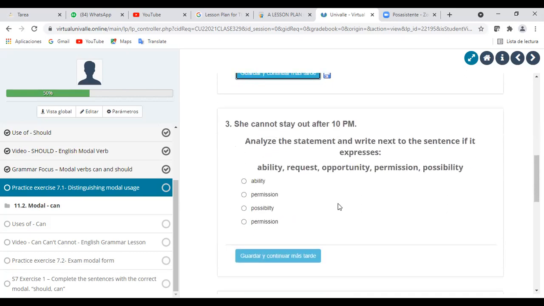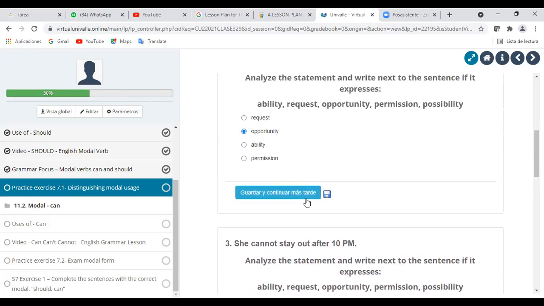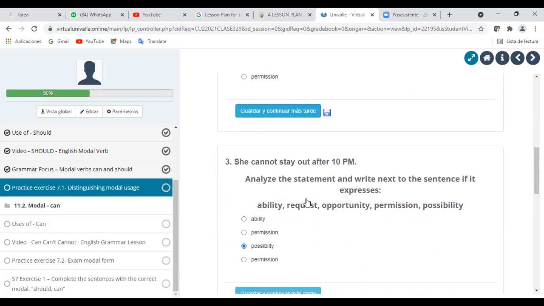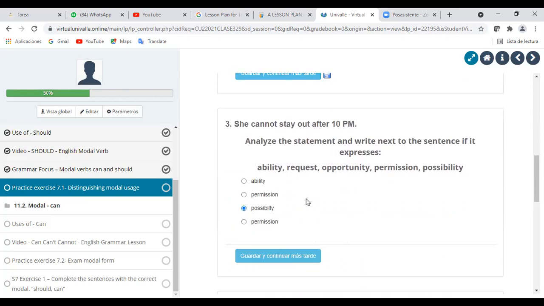"She cannot stay out after 10 p.m." So I will say that is a possibility. "She cannot stay out after 10 p.m."